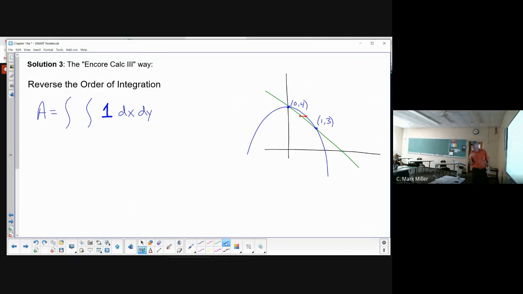We're starting to learn to think in terms of, right? So I asked myself, on the outside, on the farthest end of that little red segment, what does x equal over here? And what does x equal over here? Well, this is the line y equals 4 minus x.